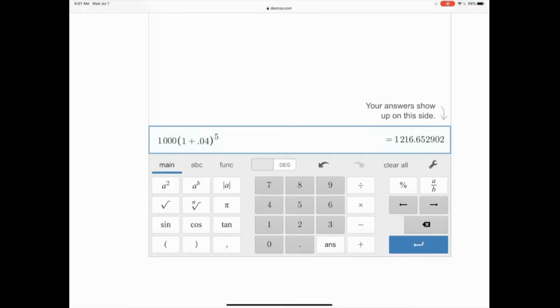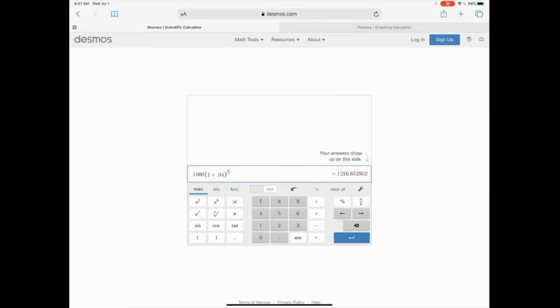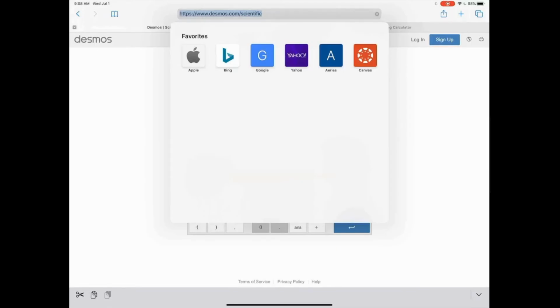Okay, what I want you guys to do is open this page in another tab. So in another tab, go ahead and type in Desmos, desmos.com/scientific.